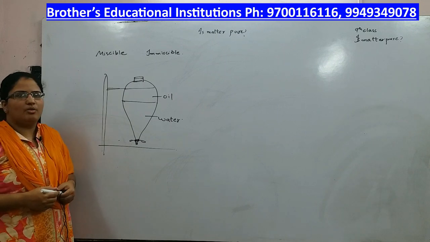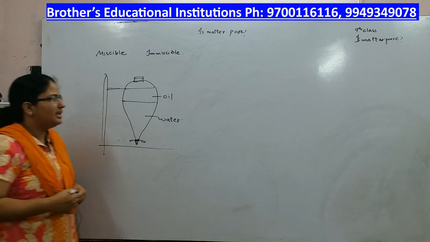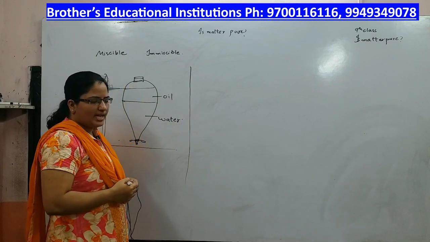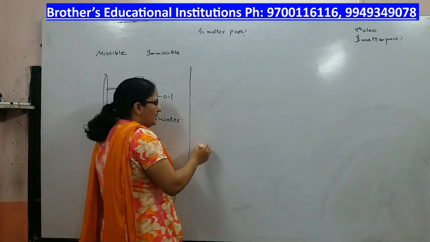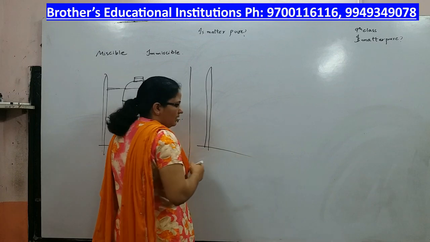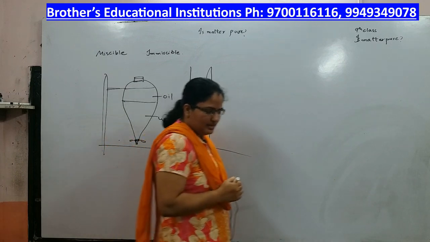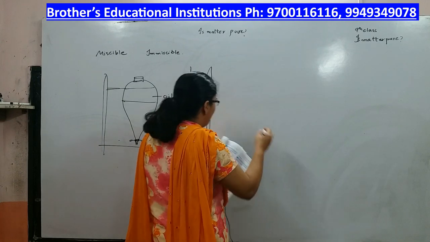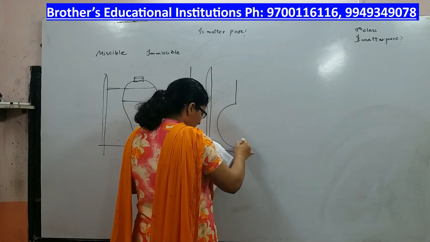Now let us see how to separate two miscible liquids. We use a technique called distillation or fractional distillation. In this distillation process, you have a flask.